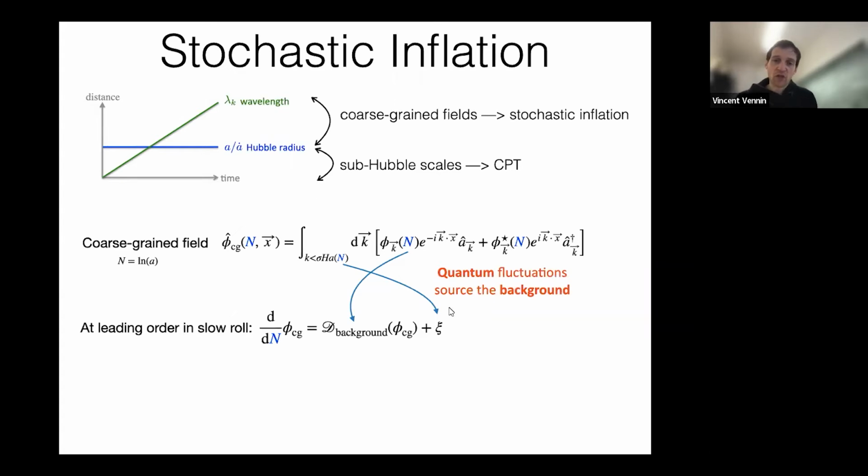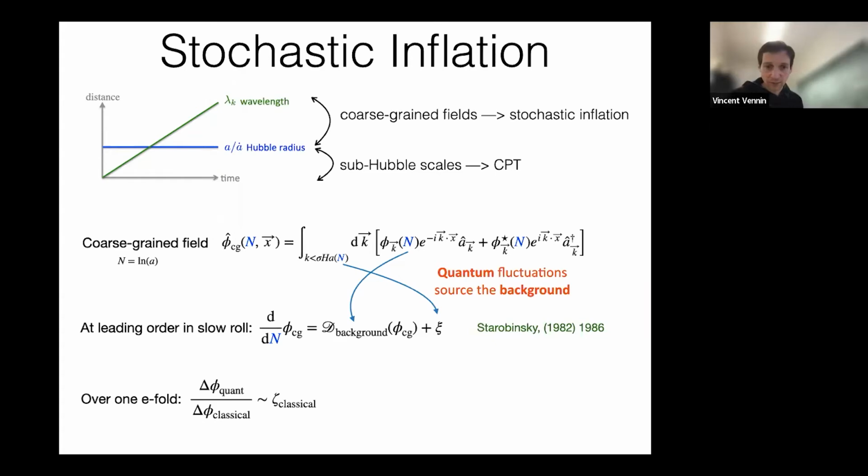So quantum fluctuations source the dynamics of the background just because Fourier modes cross out the Hubble scale at every instant of time. So this is the essence of the stochastic formalism, which was proposed by Alexei Starobinsky in 1986, with some early works in 1982 as well. And the idea is to see this equation not as an equation for a quantum field, but as an equation for a stochastic field, right?